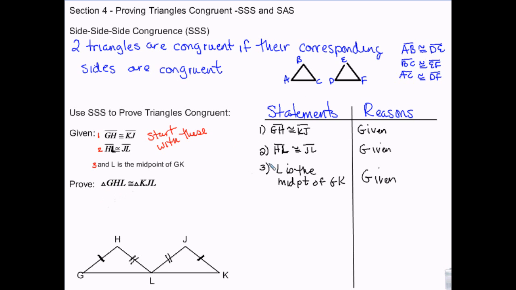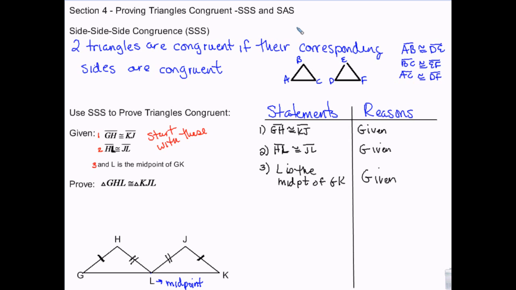All right, now we've got our given statements. And I labeled the congruent sides. And I'm just going to say L here is a midpoint. And I know I'm trying to prove this triangle is congruent. And I'm trying to prove it's congruent by side, side, side, or side, angle, side.